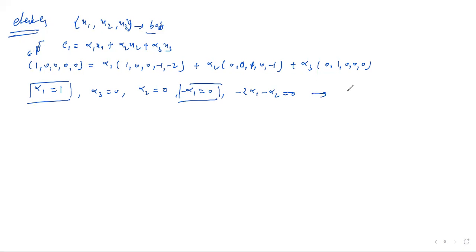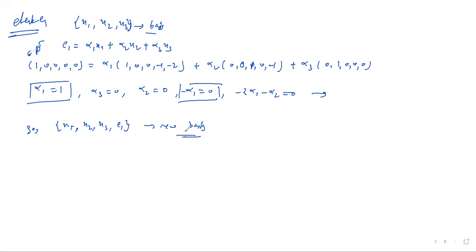So this is an inconsistent system of equations. This does not form a linear combination of these basis vectors, so e1 is linearly independent. So our new basis will be x1, x2, x3, e1, as e1 is not spanned by these vectors. This is our new basis.